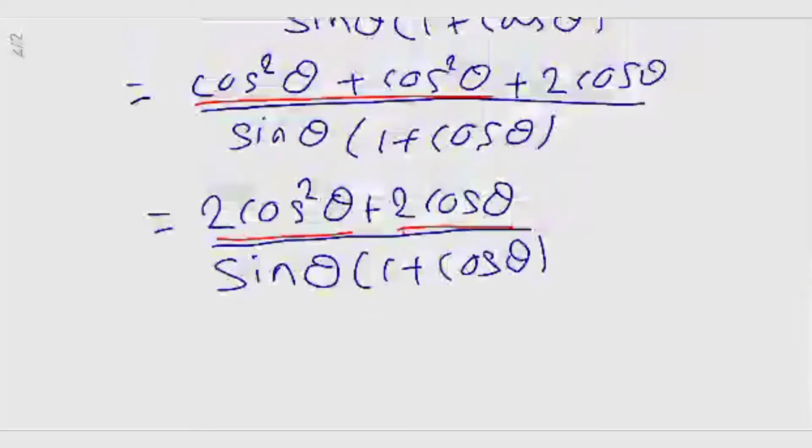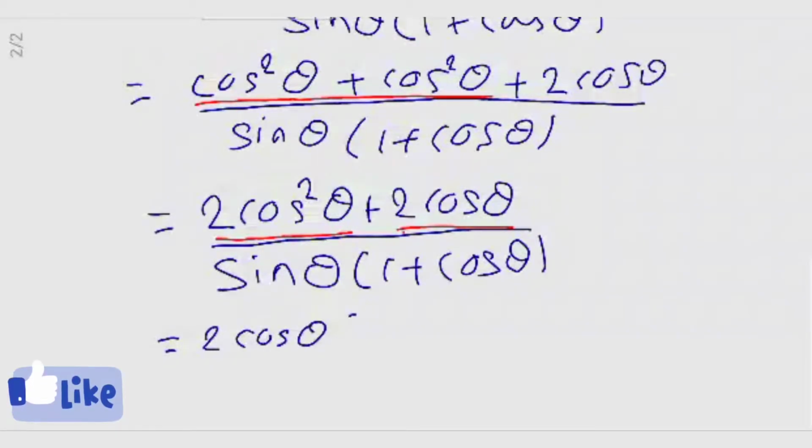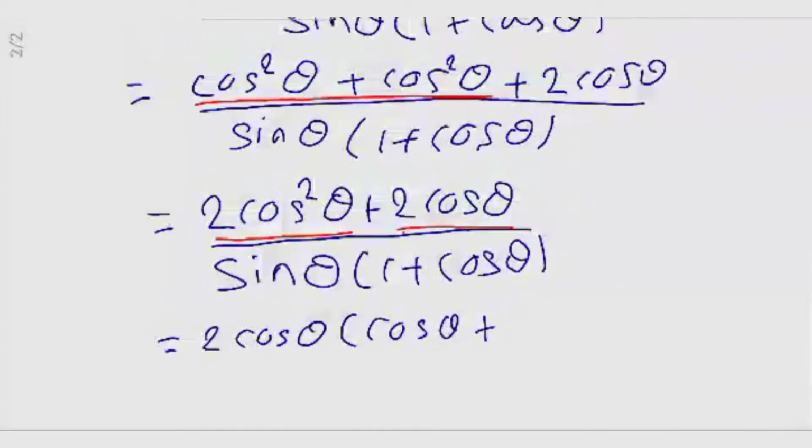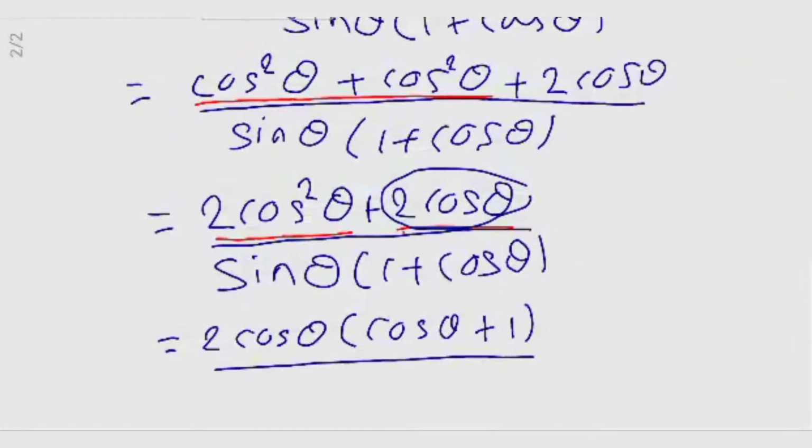In these two terms we have 2 cos θ common, so take outside. So it becomes 2 cos θ common and the remaining term cos θ, because from 2 cos square θ, when 2 cos θ comes outside, the remaining is cos θ, and plus here 2 cos θ goes outside, so remaining 1, and this divided by sin θ (1 + cos θ) as it is.